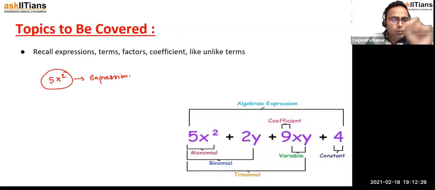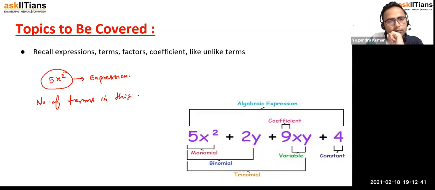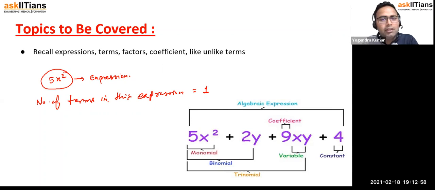Now how many terms are there in this expression? One term, right? You need to remember that multiplication doesn't make terms, division doesn't create terms; plus or minus creates the terms.